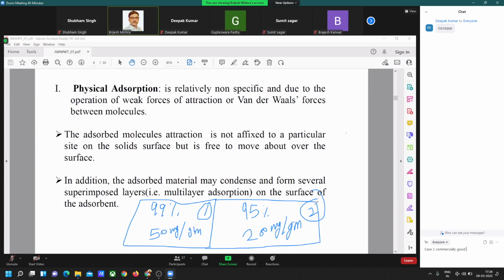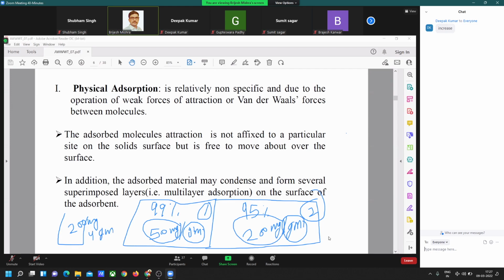Why? Because using 1 gram of activated carbon, you can remove 200 milligram of pollutant. On using 1 gram, you can remove only 50 in the other case. So one solution is there, and that solution has 200 milligram pollutant, and even though your removal efficiency is 99 or 100, you need 4 gram adsorbent.